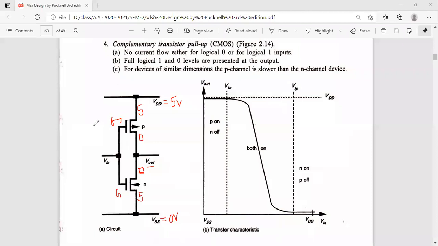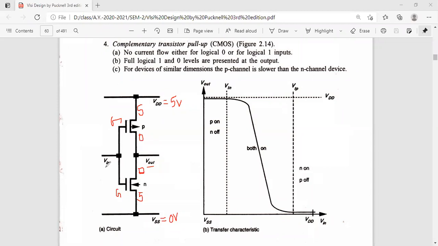In a similar fashion, when we talk about the input and output as digital, if I say it is 0 in digital, it means around 0 volts. If I say it is 1 in digital, it is around 5 volts. For example, we are taking 5 volts.